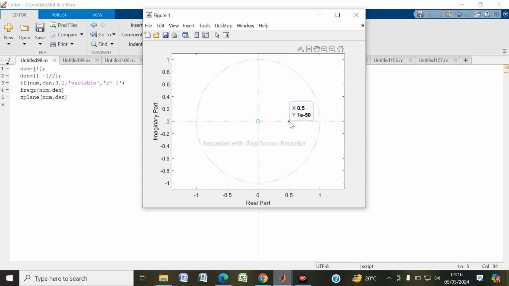So 0.5 is the cutoff frequency of this lab. Below this frequency, the magnitude and graph of this lab will be the same, and above it the graph changes and the magnitude changes.